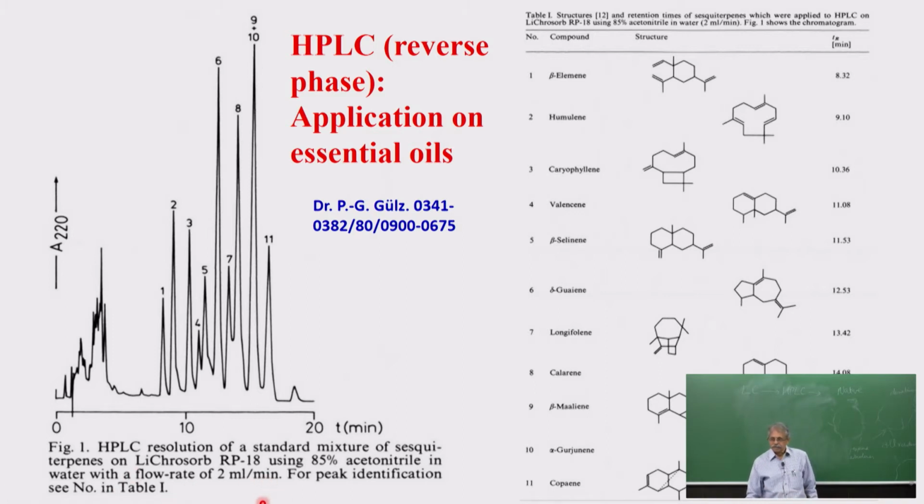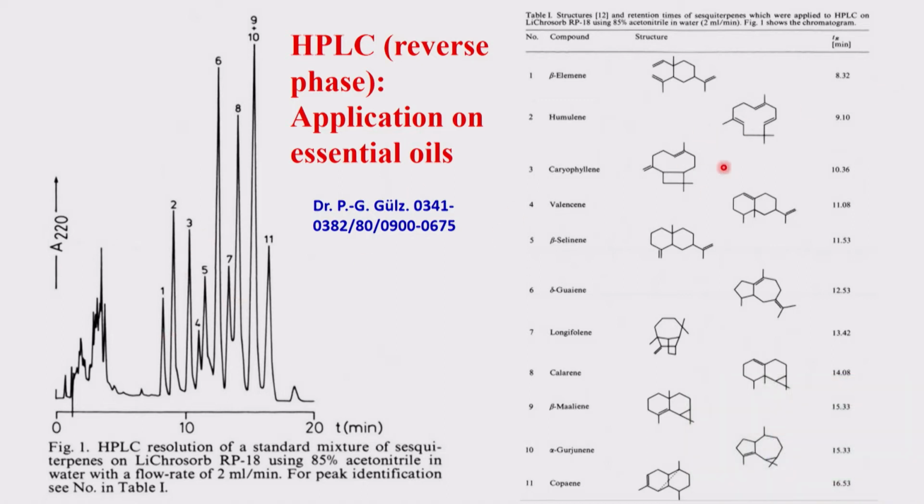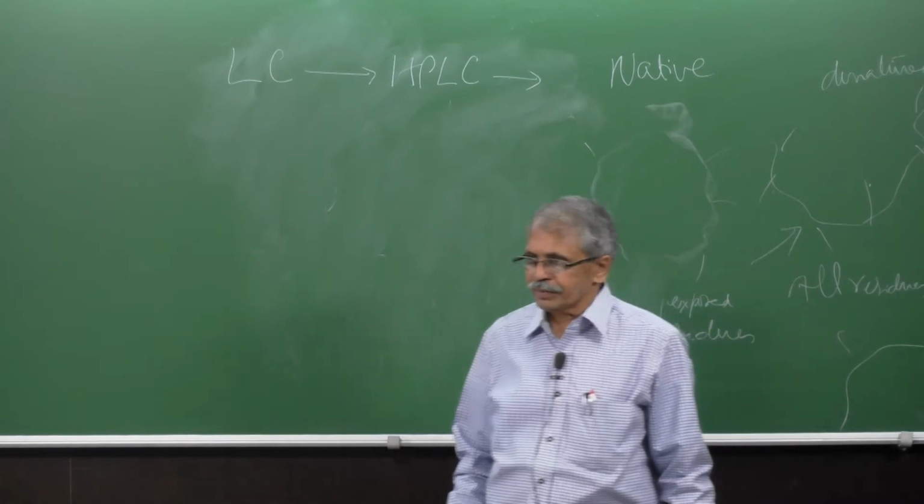And what kind of flow rate? 2 ml per minute. So, for peak identification, you can see you are getting peak 1, 2, 3, each one of these a different compound. How do we know? You have to characterize. So, people have done characterization of all of these. As you can see here, peak 1 corresponds to this moiety, peak 2 corresponds to this moiety, peak 3 corresponds to this moiety, etc. By other methods they have done it, because they have isolated and separated, they can do the characterization.